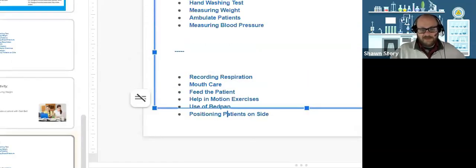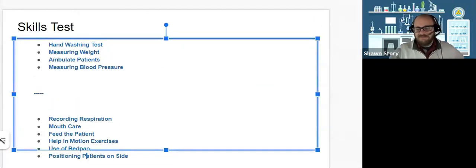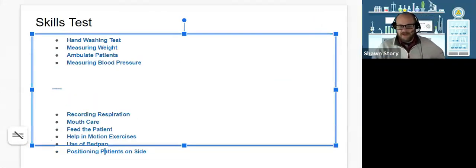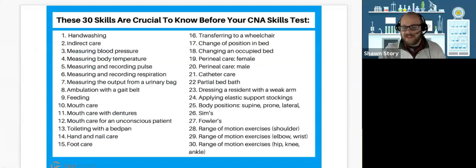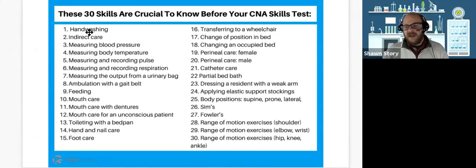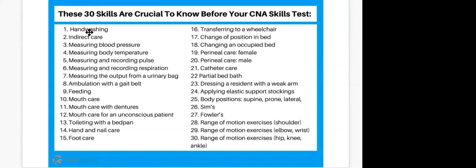All right, so that is positioning a patient on its side. Any questions about that? No. Okay, so again, like I said, that is the skills test, right? This is something you will do at the very end of your CNA program, and just really look at the advice that I'd given last time: study as soon as you can, ask your teacher for advice, create study groups, practice with other people, also practice with the mannequins, right?